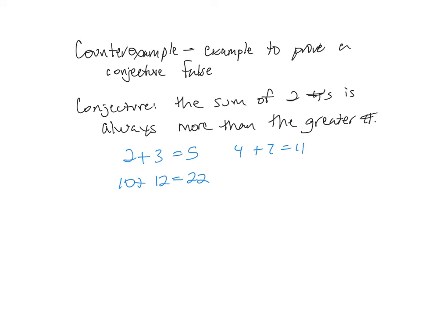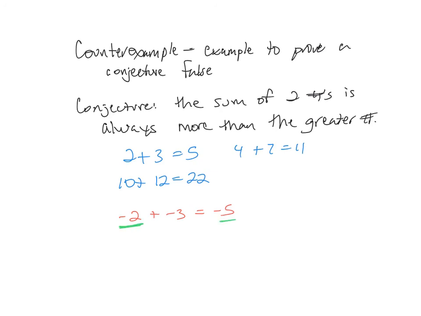But could you come up with an example where it's not true? And that would be a counterexample. So what if I did negative 2 plus negative 3? That would give me negative 5. And the greater number in this problem is negative 2.